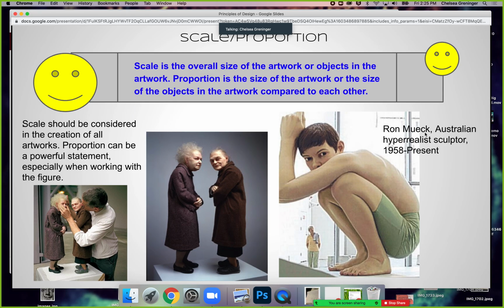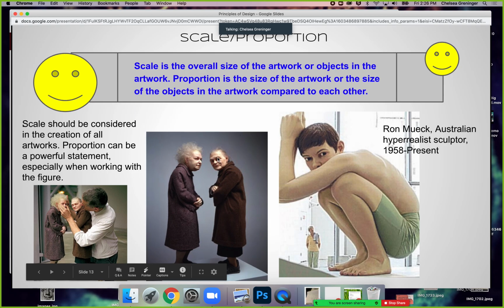His name is Ron Mueck, and he sculpts these figures in all different sizes. So see this boy here? This boy is gigantic. This is a real human staring at this sculpture. He makes these using computer programs, steel structures, lots of computer generated construction to make these happen.